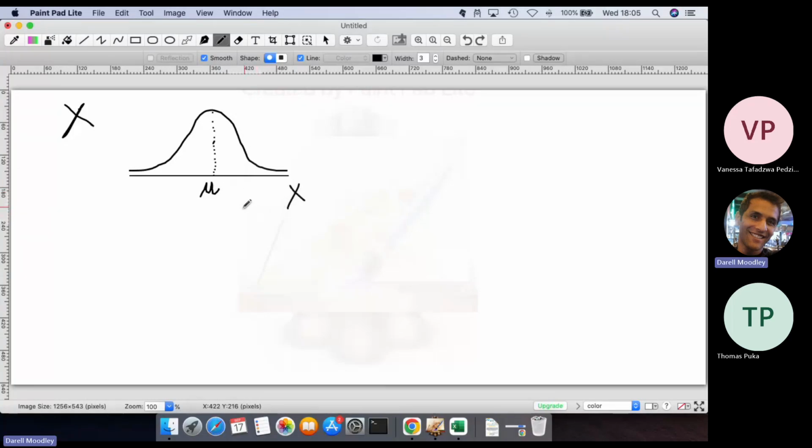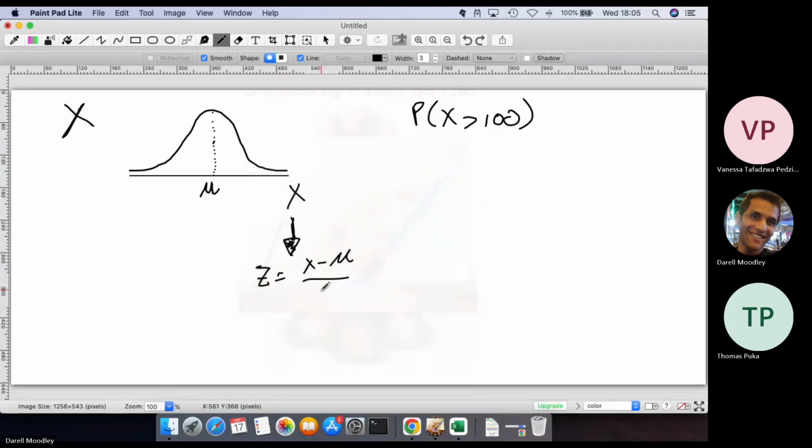Okay, and what we did was, if we want to find out any probabilities regarding x, so for instance, if you want to know the probability of x greater than 100, then what we would need to do is convert it to a z. We'd convert it to z, and how we do that is we use this formula, with sigma.